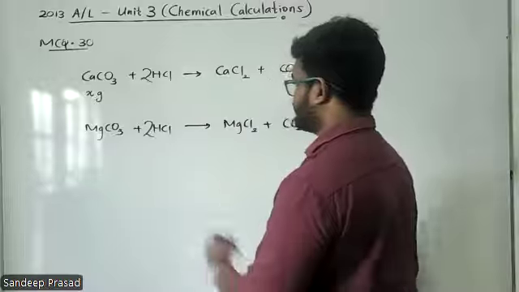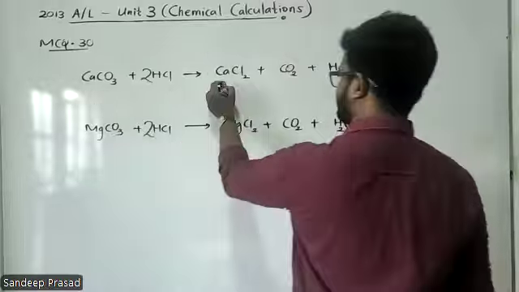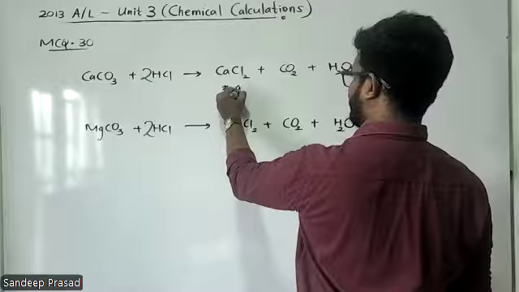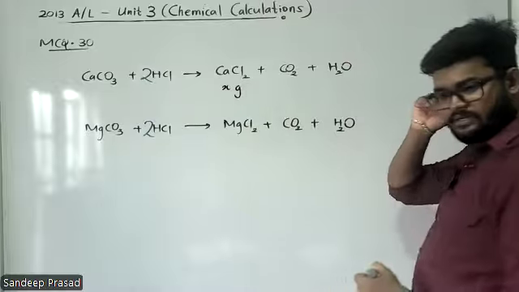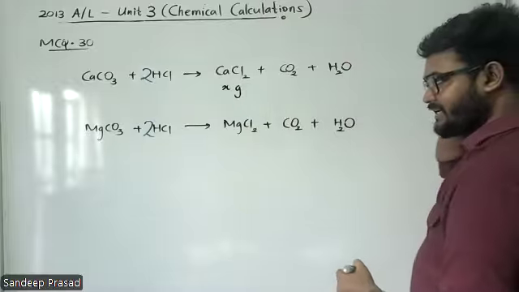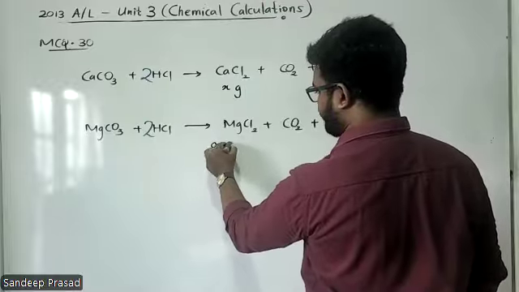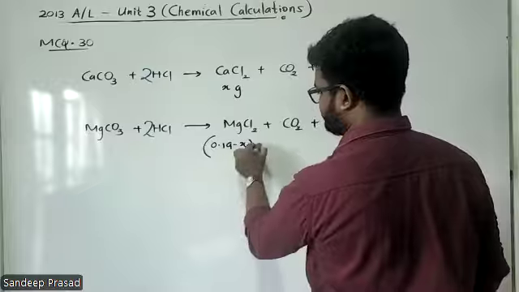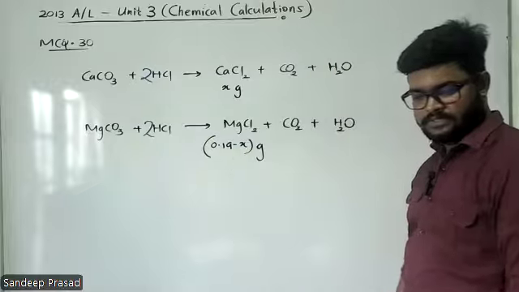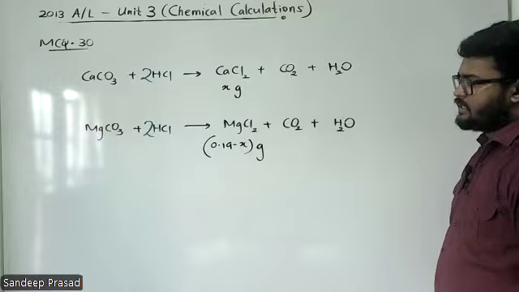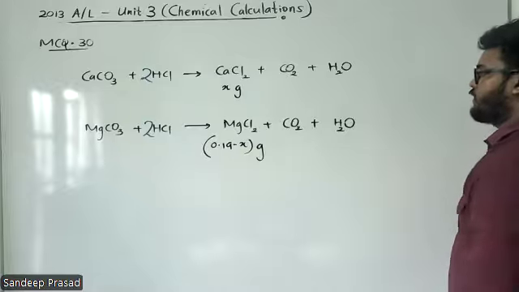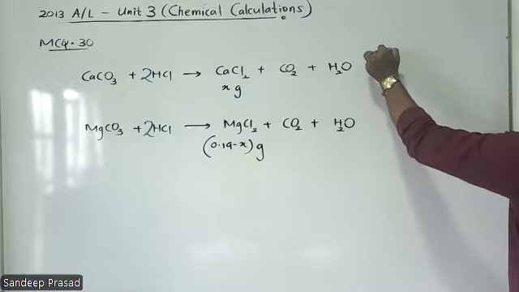What do you think? Let me consider the calcium chloride mass is X grams. Then I can say that the magnesium chloride mass is 0.19 minus x grams in this way. Understood?